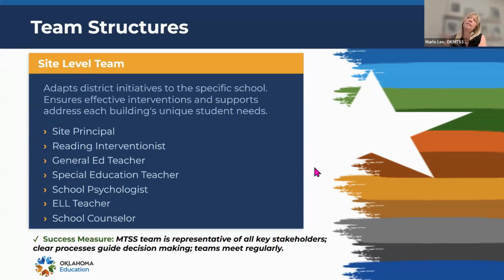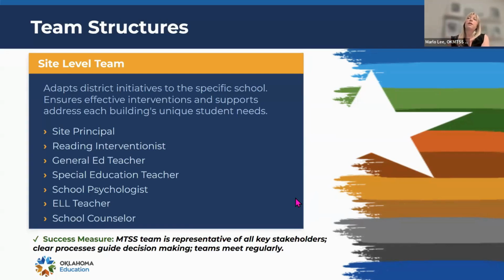The next team would be a site level team. And so a site level team is made up of the site principal, the reading interventionist, and general ed teacher, again, your special ed teacher for that level, maybe your school psychologist again, if you have an EL teacher or school counselor, because they can provide a lens for extra needed supports.